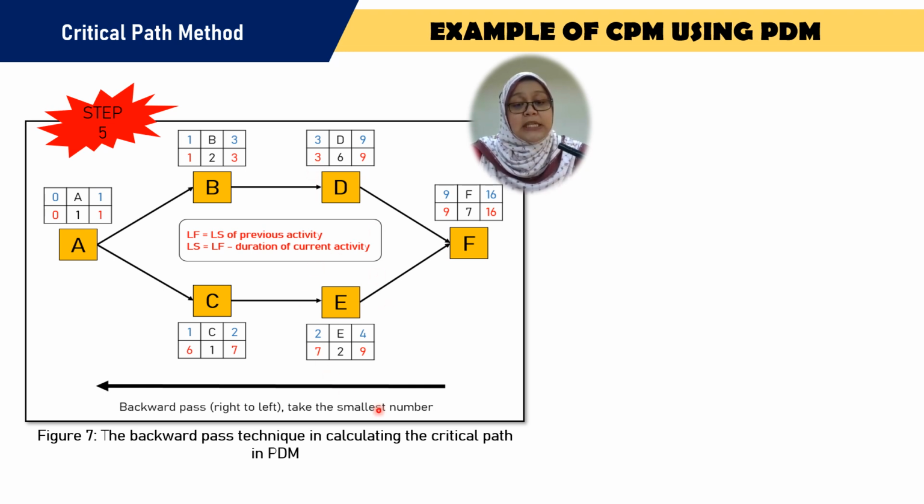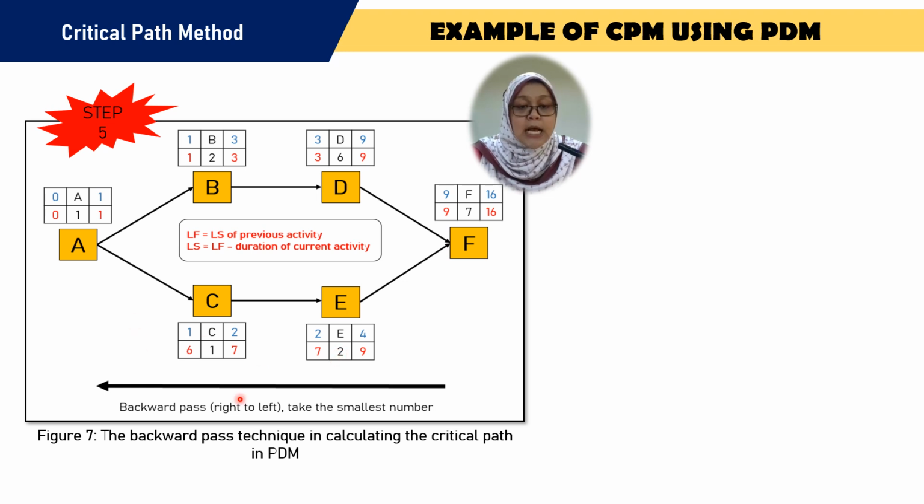And for activity E, the late finish is 9 also, and minus the duration of activity E, we will get 7.